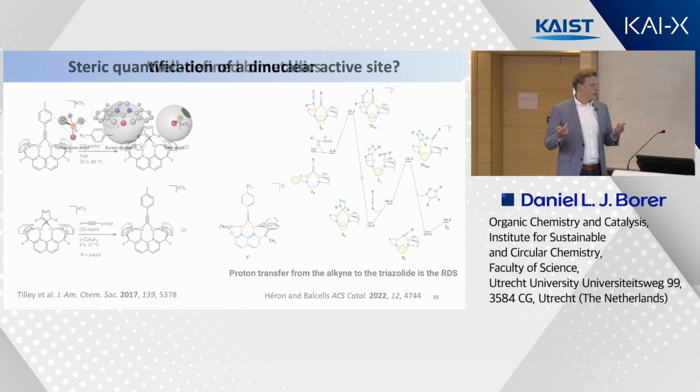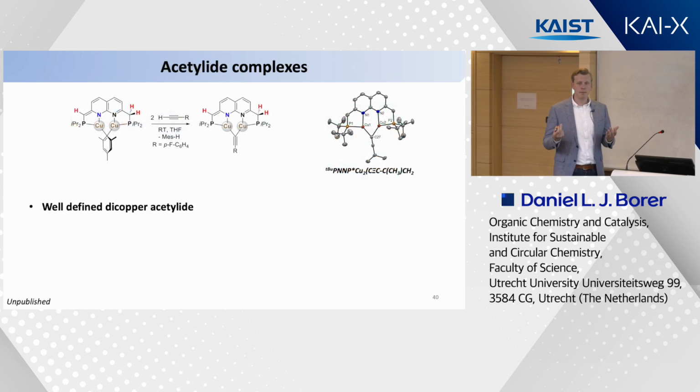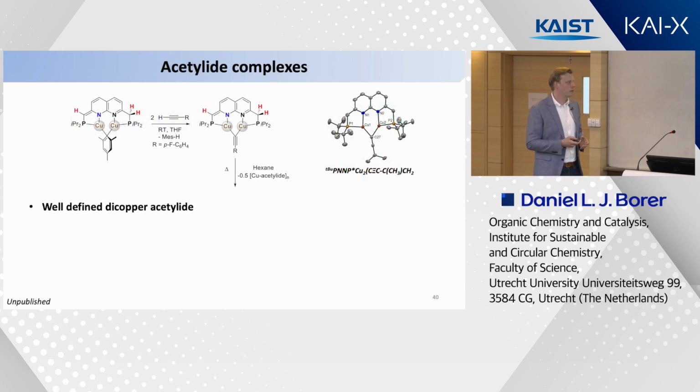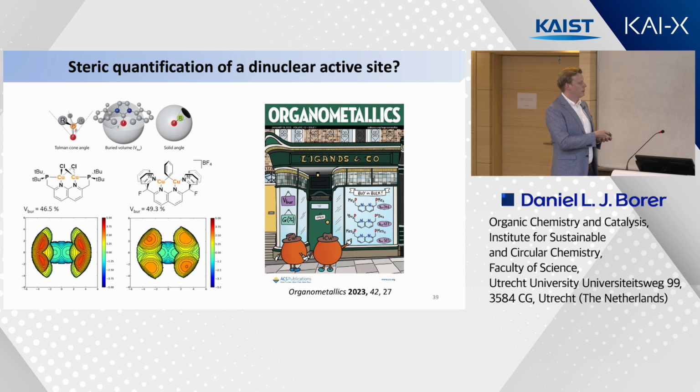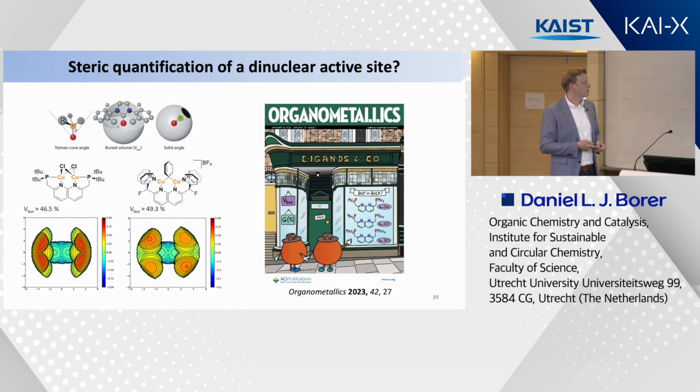So since we have a metal-ligand cooperative step, we thought we can have some benefit therein. Moreover, in some work that we recently published, where we look at steric quantification of the dinuclear active site, we show that our systems are less bulky than the Tilley group. So we thought perhaps this would be beneficial for this click reaction.